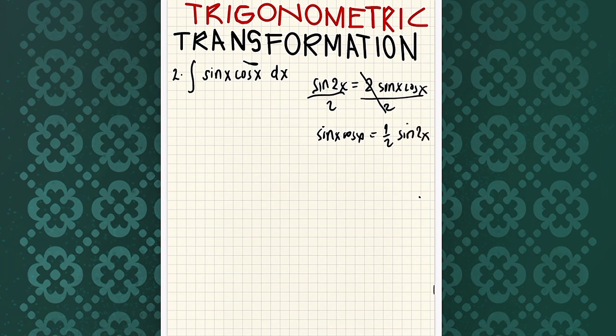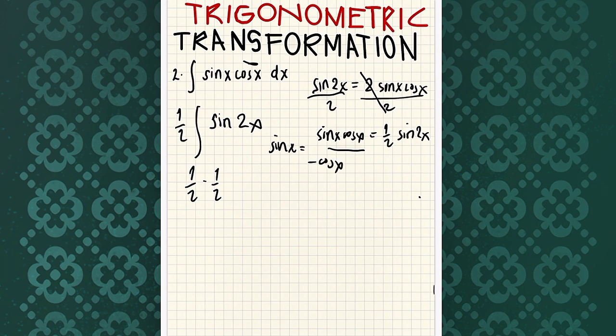Substitute this here, and factor out the constant, which is 1 half, the integral of sine 2x. The integral of sine 2x, we divide by 2, so 1 half times the integral of sine x, which is negative cos x.